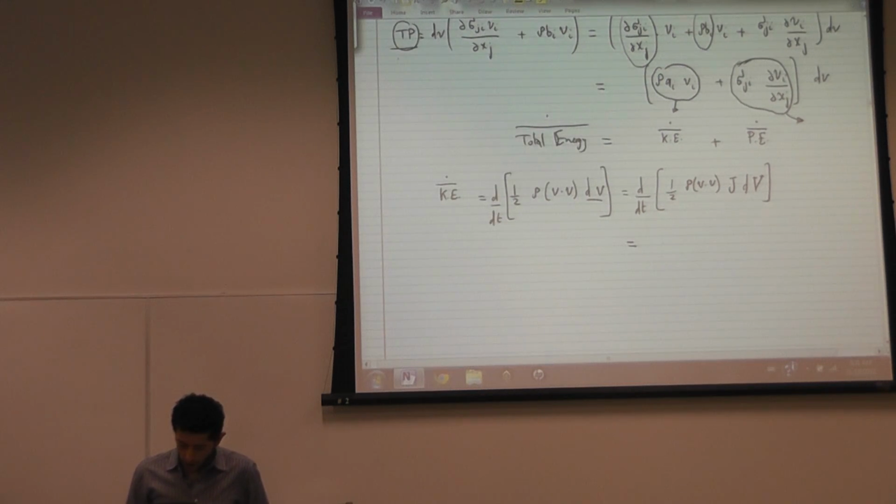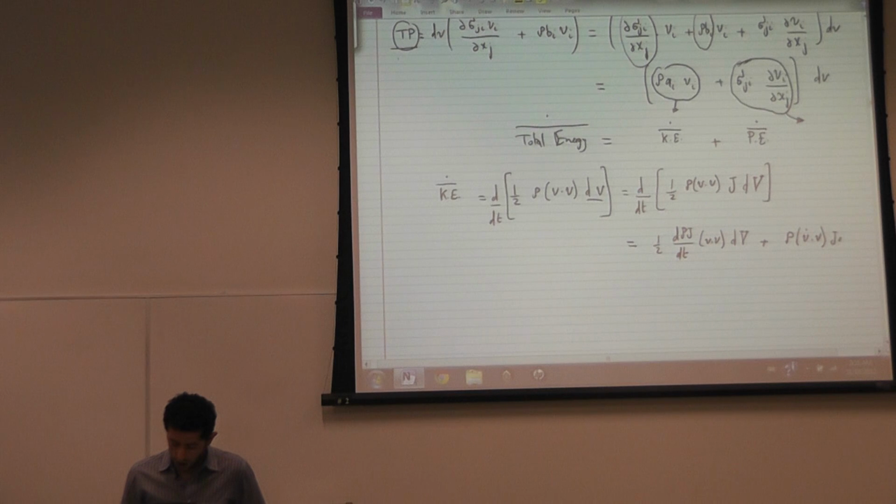This will be equal to half d rho j by dt V dot V dV, where dV is the volume, plus rho V dot V dot dV.